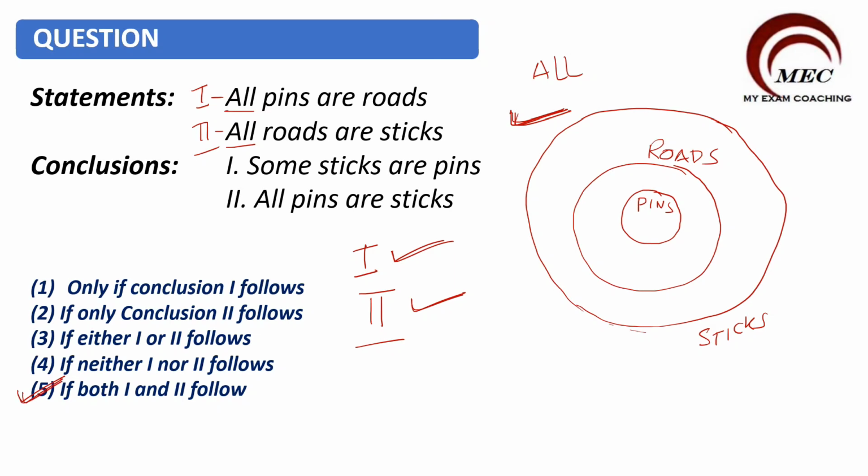So students, this type of question is a basic question. Here we have seen three important words: all, some and no. When a question comes in syllogism, these are the basic questions. In this video I am covering only the basic questions.